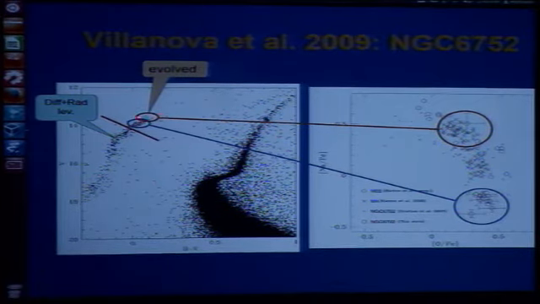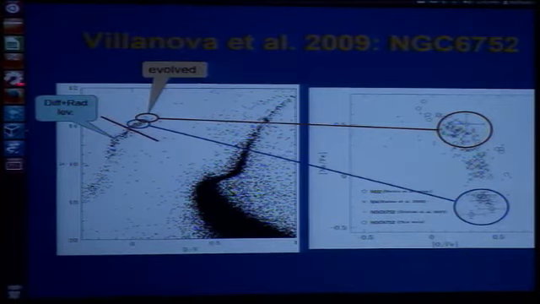This limit, which is called the Grundahl gap, the Grundahl jump also, means that here there is nothing that prevents the star from having diffusion and radiative levitation effects that completely alter the chemical abundances at the surface.